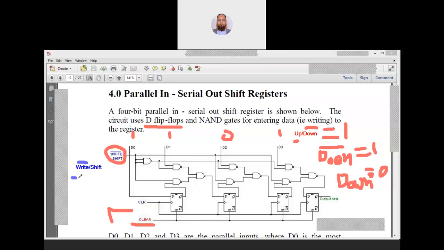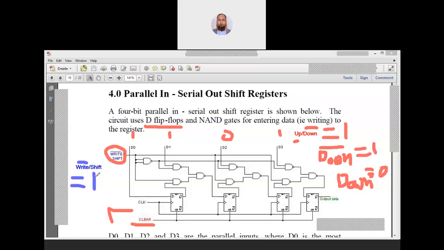So if it equals 1, what operation will this circuit perform? Write bar equal to 1 or shift is 1, it means shift equals 1, so this will perform the shift operation. Write bar equals 1 means write will be 0, so it will not perform the write operation.